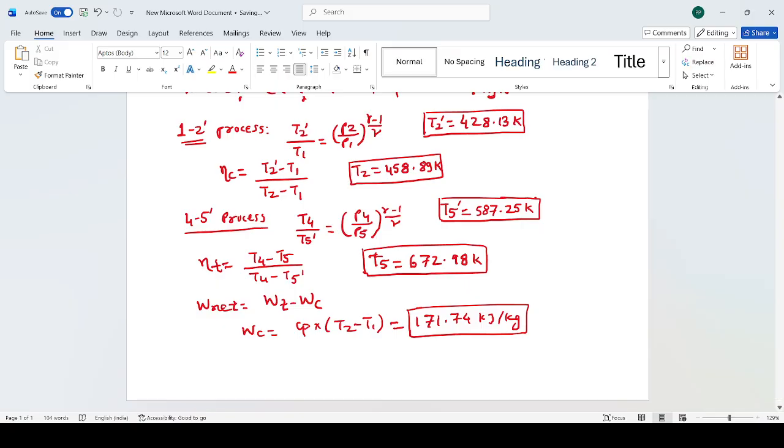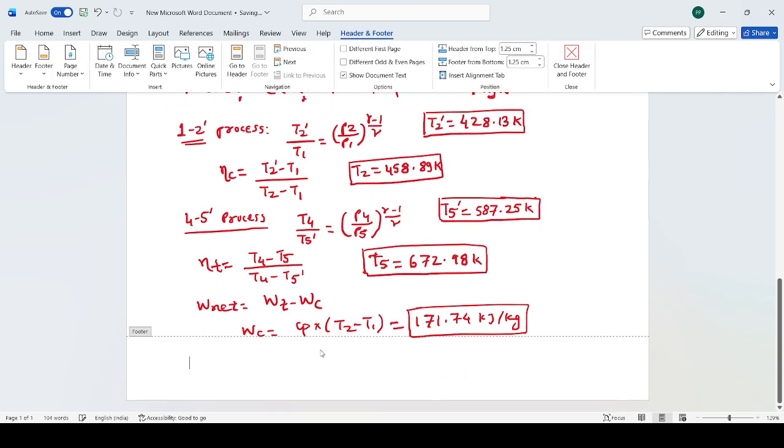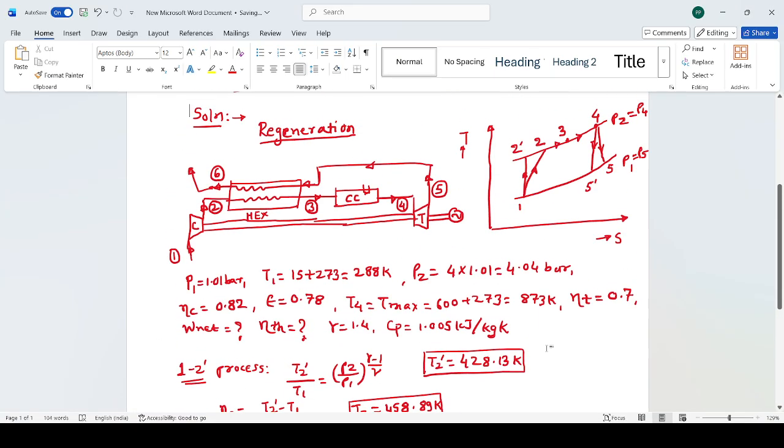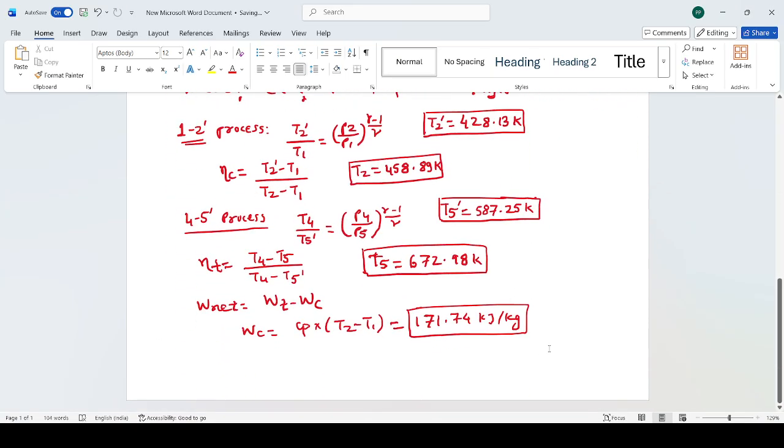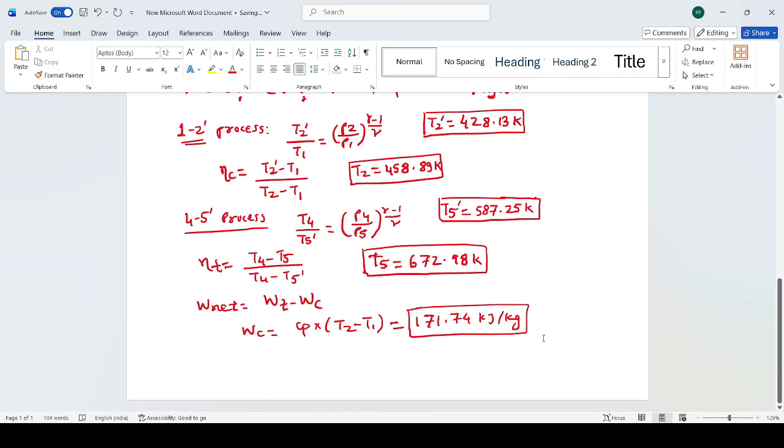So let me add one more page here. Just a minute, please hold on. I will add one more page in this particular slide.